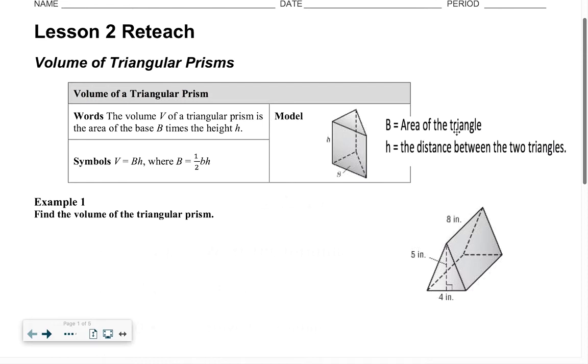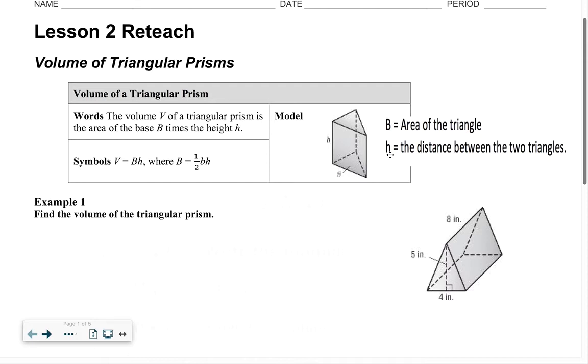First, it says volume equals capital B, which means the area of the base, times the height. We need to remember that capital B means area of the triangle. And that H isn't talking about anything in the triangle.